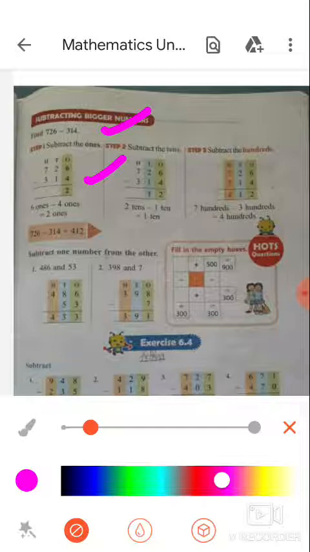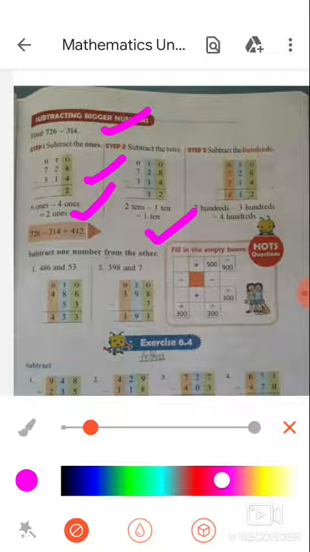So students, at ones place 6 ones minus 4 ones equals 2 ones. Now in the second step, subtract the tens. It means 2 tens minus 1 ten equals 1 ten.